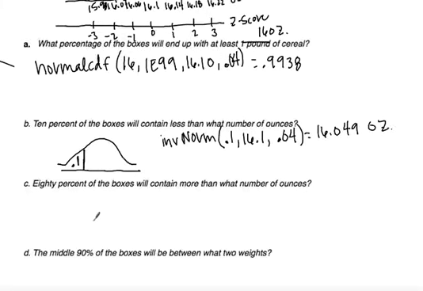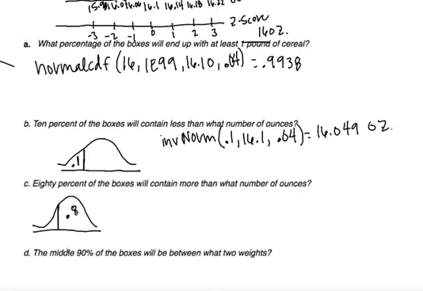C says 80% of the boxes will contain more than what number of ounces? Alright, so for this one, you're trying to find your line.